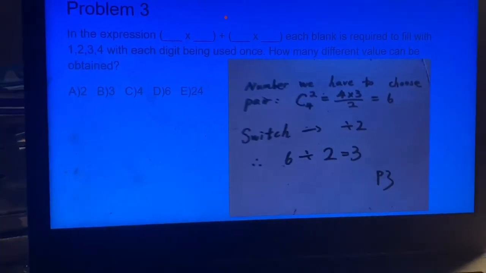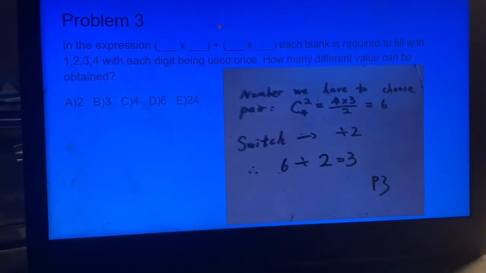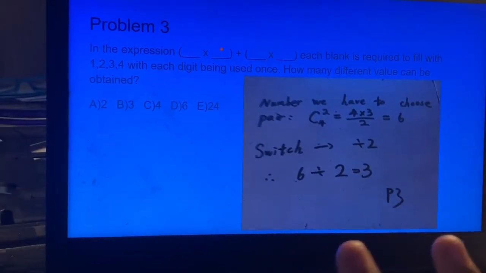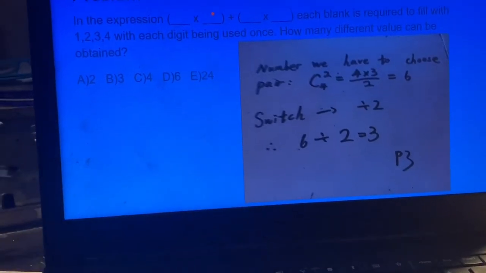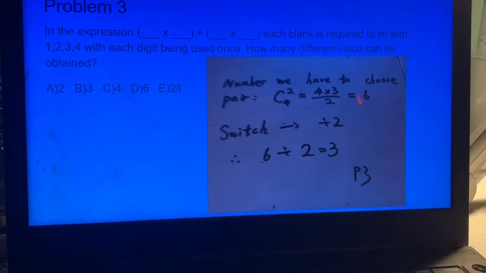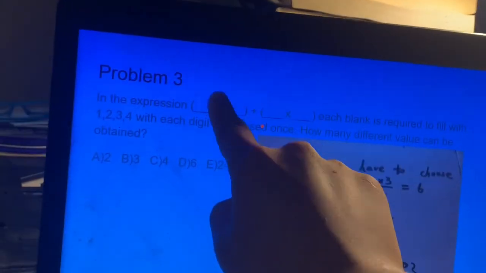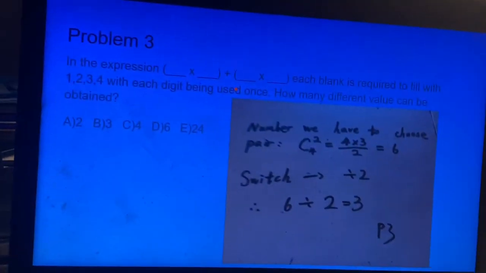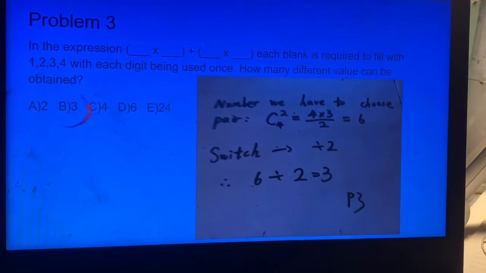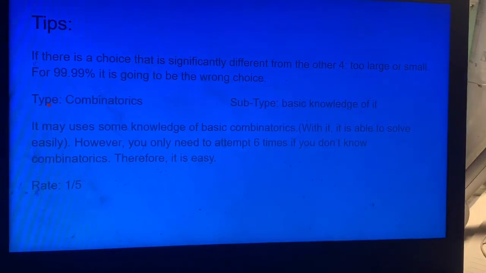We choose 2 numbers out of 4 numbers, and we have 6 possibilities, and we switch between this and this, so we divide by 2. Therefore, we have 3 possibilities, which answer is B.